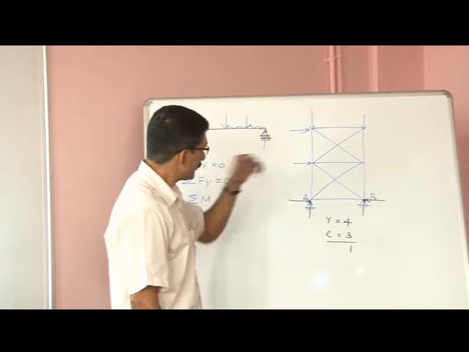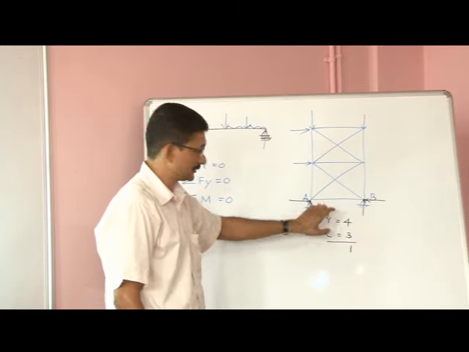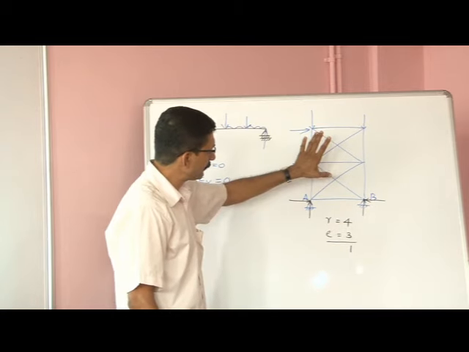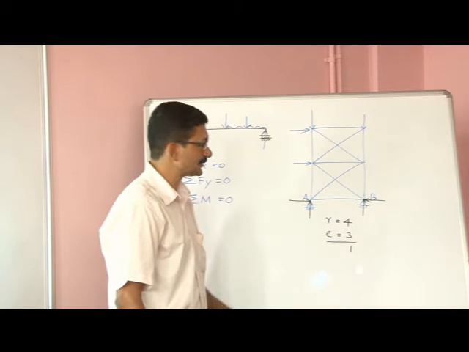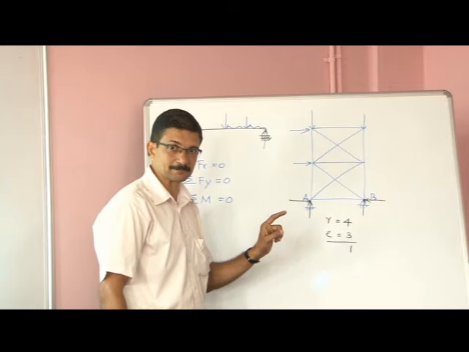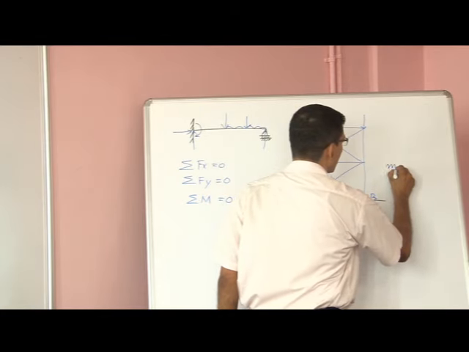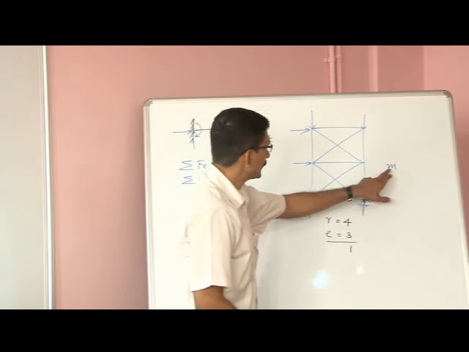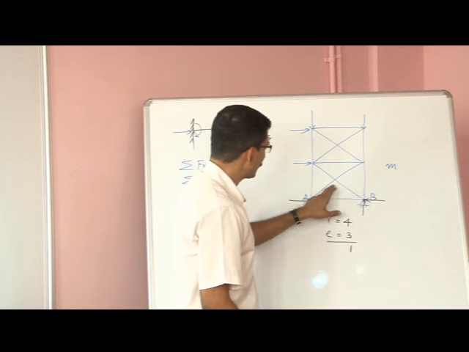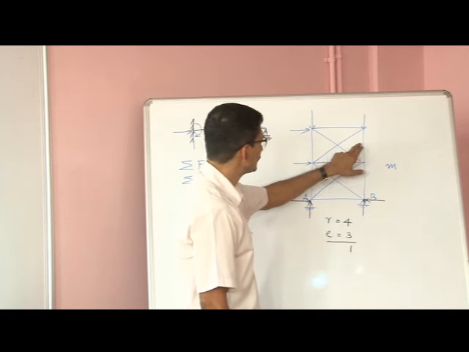Now, if you count the number of internal as well as external forces, remember R represents only the external reactions. The internal forces are provided by the axial forces in members. So suppose you have m number of members, the number m in this case would be equal to 1, 2, 3, 4, 5, 6, 7, 8, 9, 10, 11.